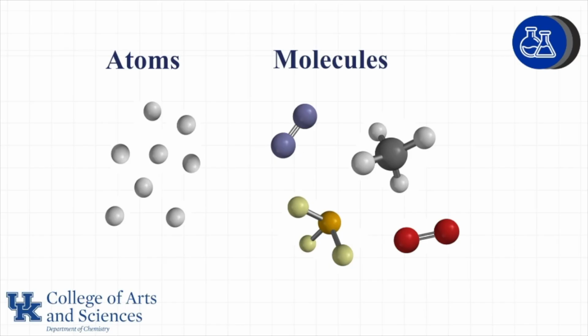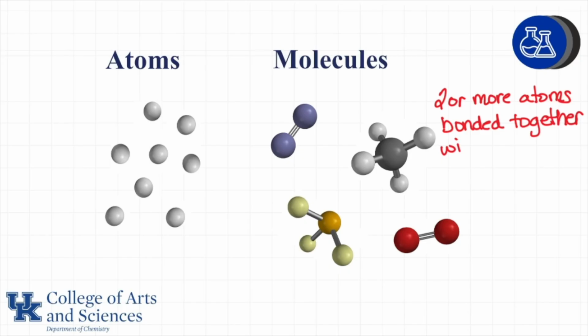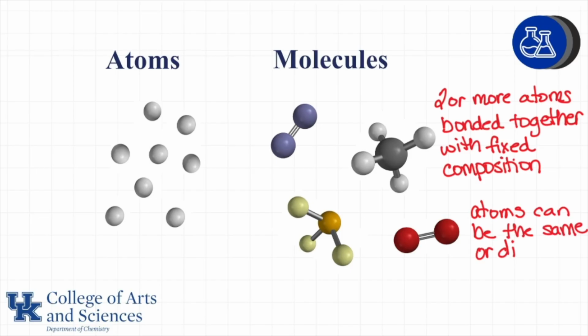Remember, atoms are individual atoms. They exist separate from one another. Molecules have 2 or more atoms bonded together. And we're going to look at some examples for things that are molecules, that are compounds, and that are not compounds. Molecules are 2 or more atoms bonded together with a fixed composition. The atoms can be the same or different.